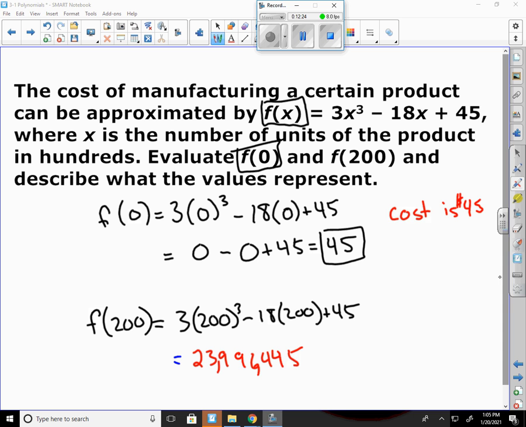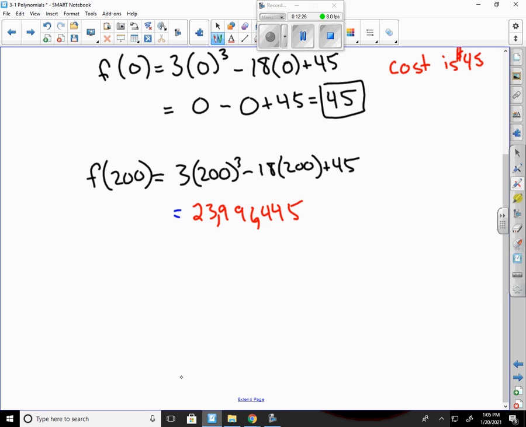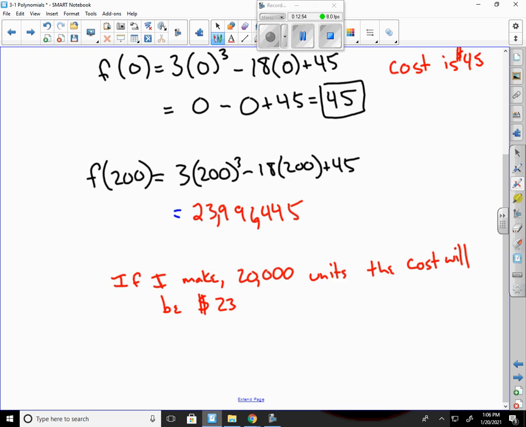So if I make, adding 2 zeros, I make 20,000 units. The cost will be $23,996,445.